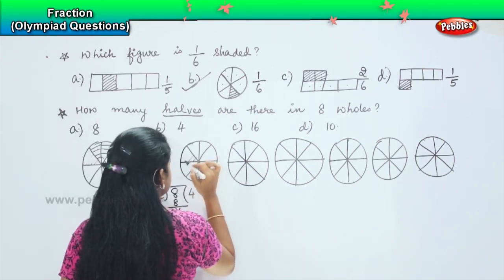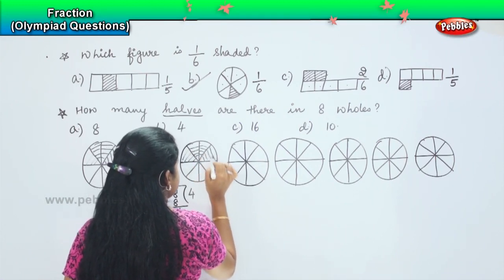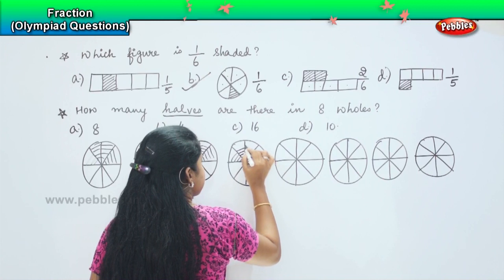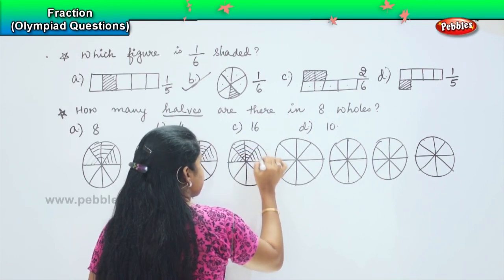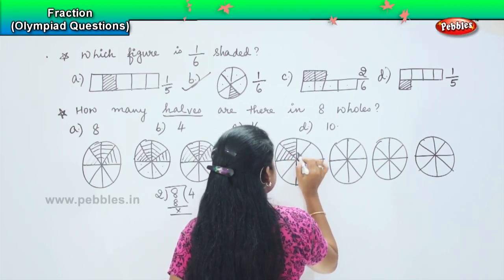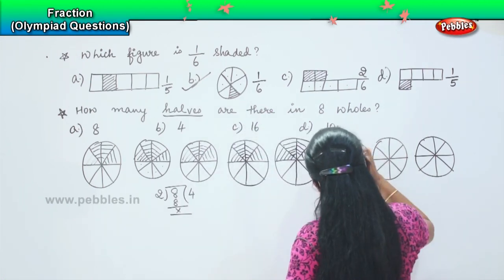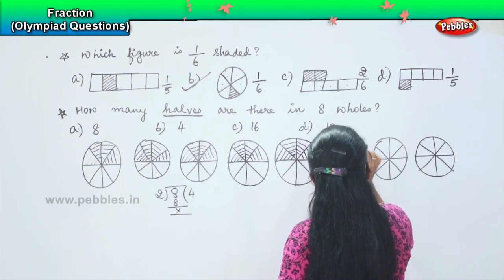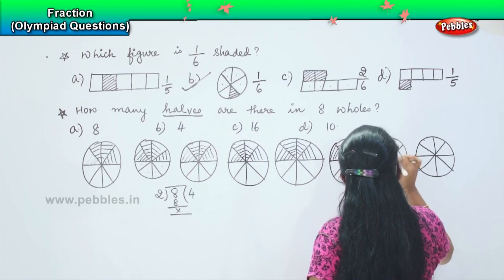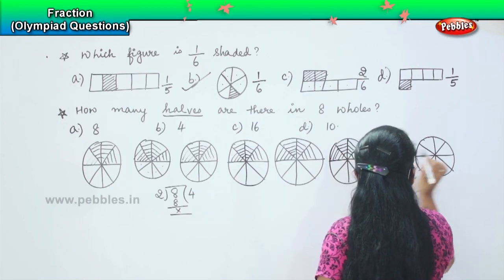So the same continues here in all the forms, right? So this is my 7th circle and next comes my last 8th circle.